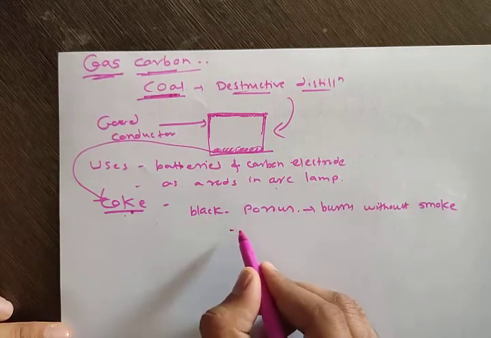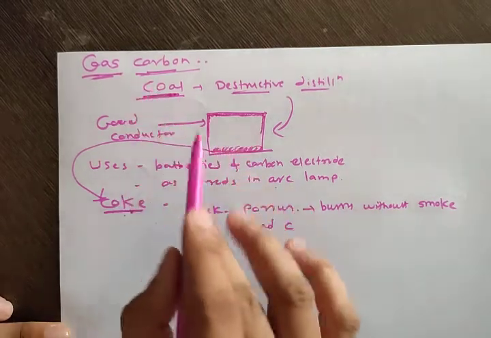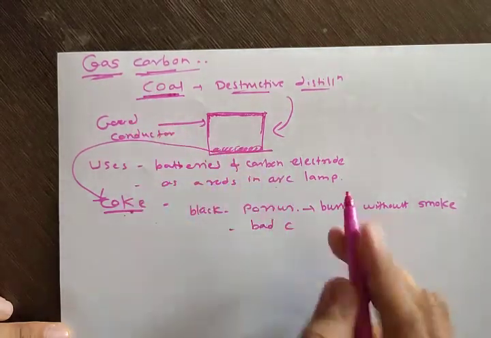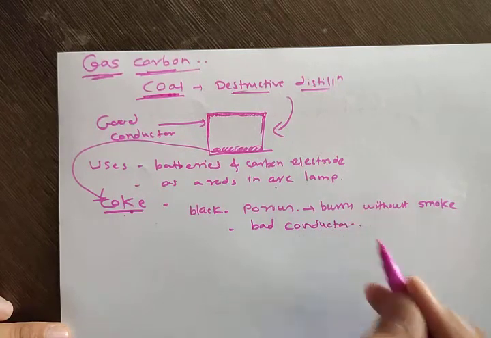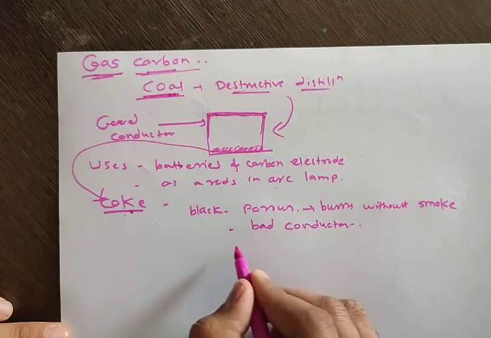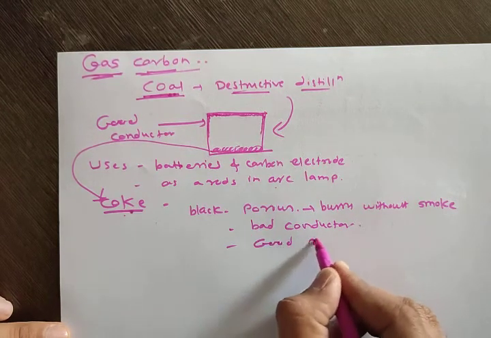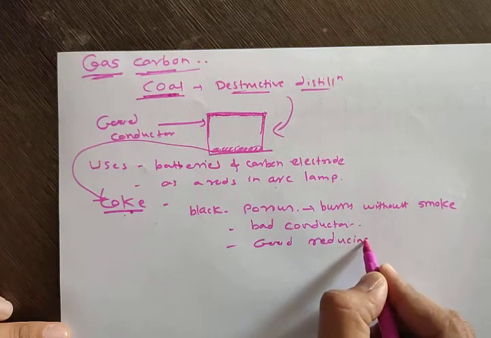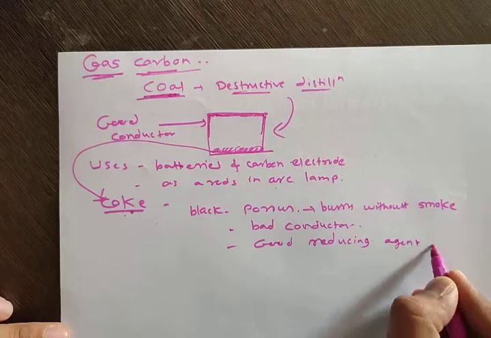Then it is a bad conductor of electricity. So here in gas carbon we have seen it is a good conductor, but this coke is a bad conductor of heat and electricity. And coke is a good reducing agent. Reducing agent we already studied. So it is also a good reducing agent.